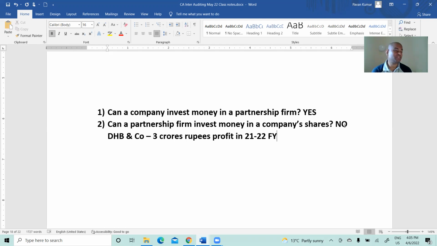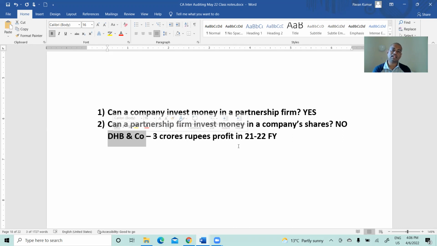You are very rich and don't know where to keep money, so you don't want to take your share. You told the remaining two people, why don't we invest this 3 crores in some company? Then you decided to invest this money in Infosys shares. Can DHB and Co partnership firm invest money in a company?